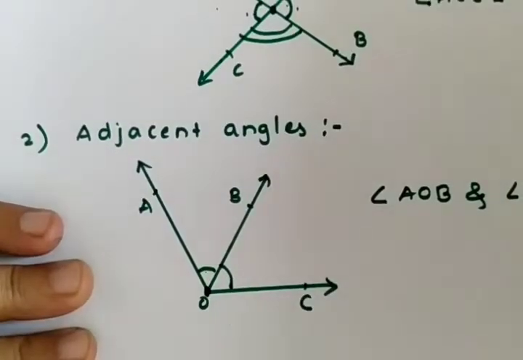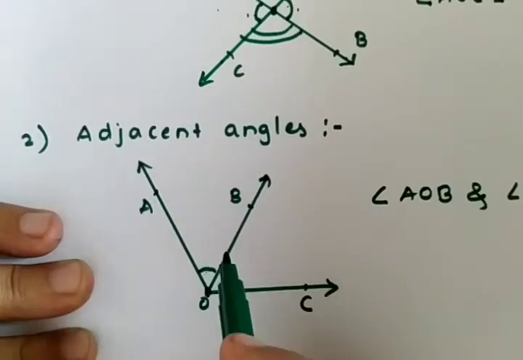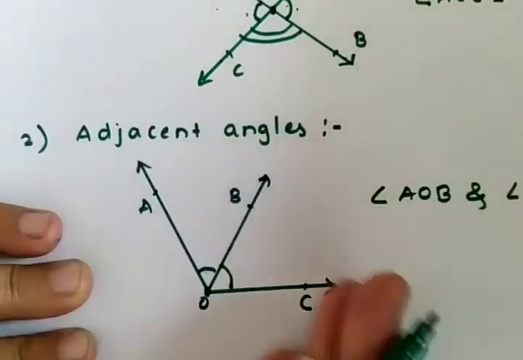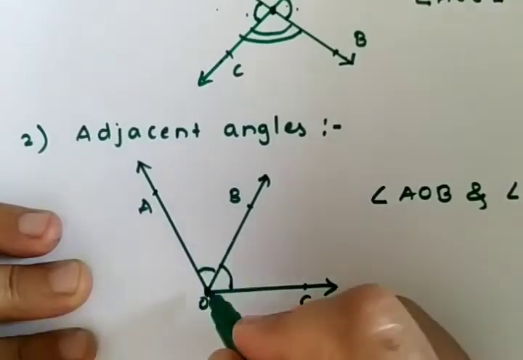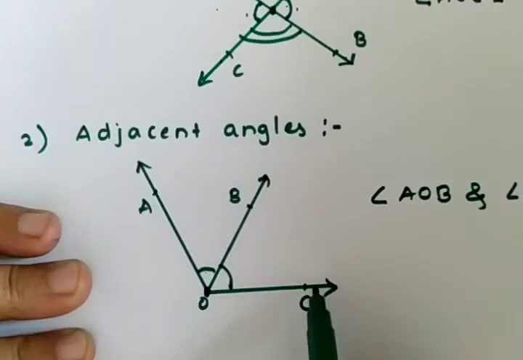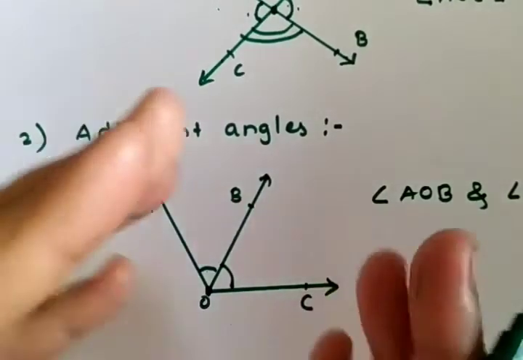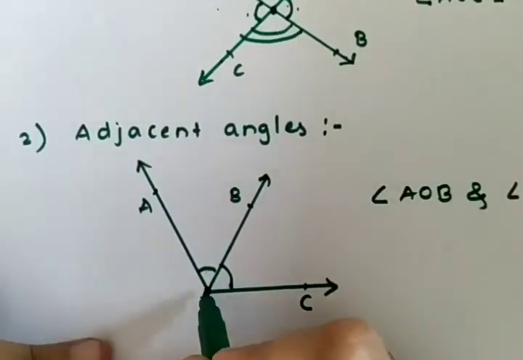Clear? And one more property related to adjacent angles is that the non-common arms are on either side of the common arm. This is your common arm OB. So OA and OC, both these arms are on either side of the common arm.